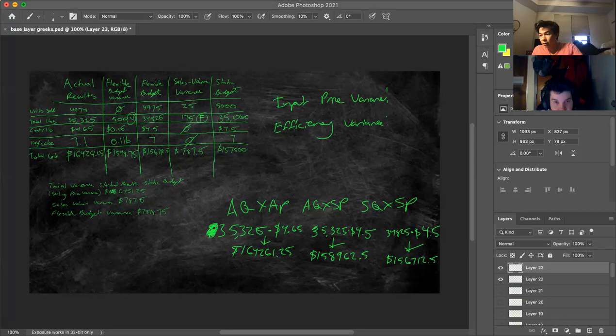Okay, so the efficiency variance is the AQ times SP minus the SQ times SP. AQ times SP minus SQ times SP? Yeah, for the efficiency variance, yes. Okay. And then I'm pulling up the answer key just to make sure we got everything right.